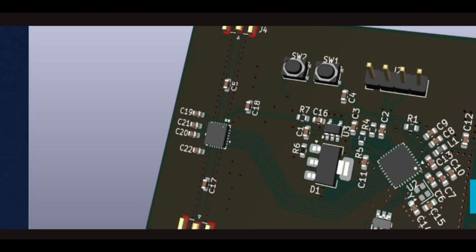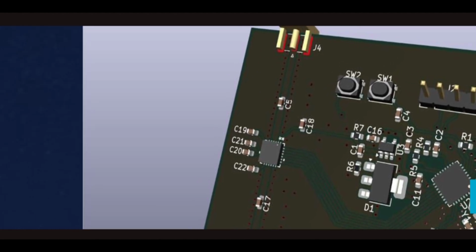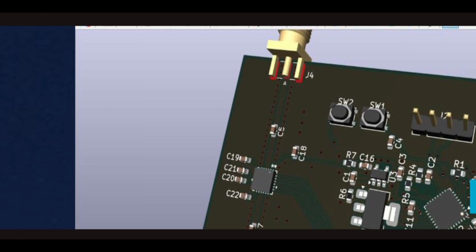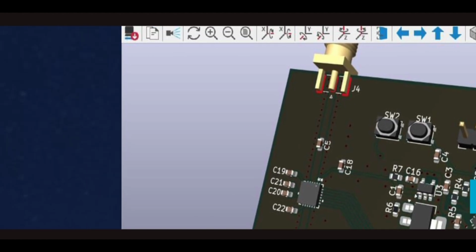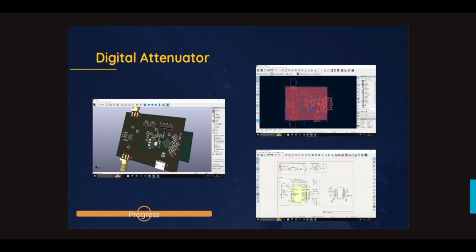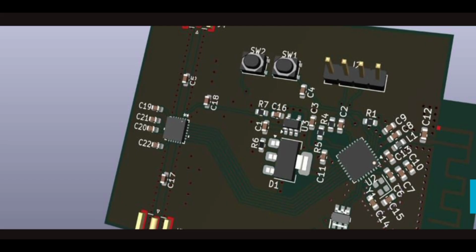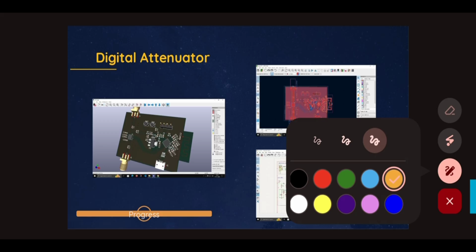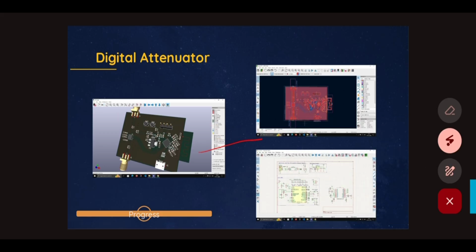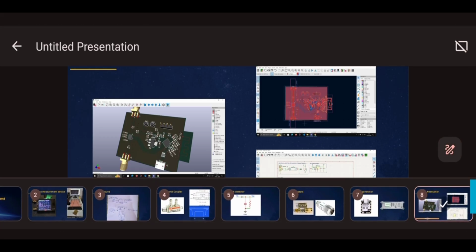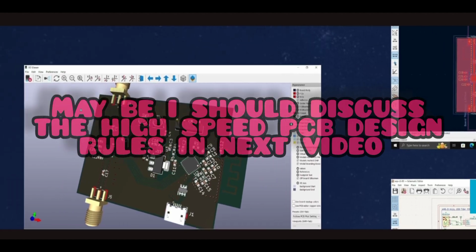So that's the idea. This is the maximum zoom I can create.